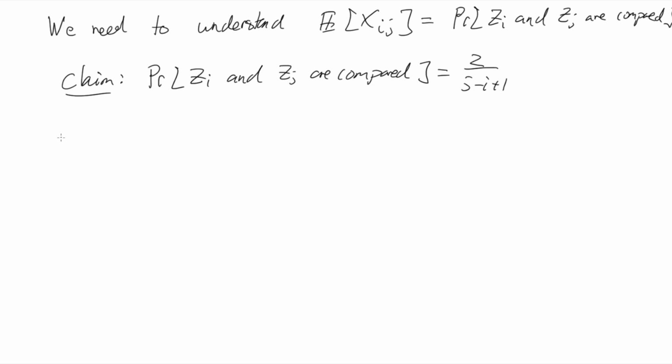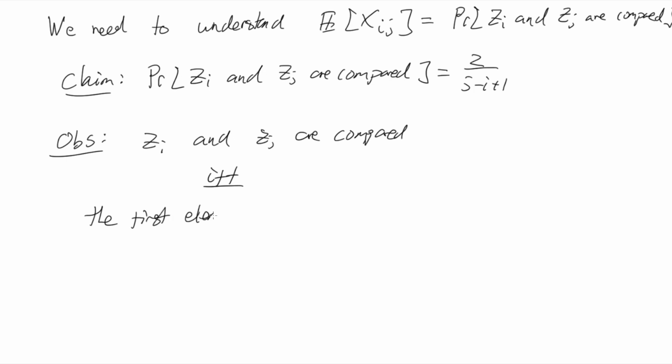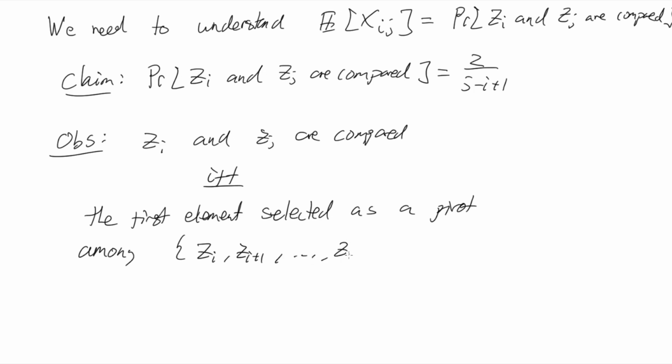And this follows from the observation that Zi and Zj are compared if and only if the first element selected as a pivot among the elements in the set Zi, Zi plus 1, up to Zj minus 1, Zj is either Zi or Zj. Okay, so what I'm saying is that Zi and Zj are compared if and only if whenever we select a pivot among the elements Zi to Zj, it is either Zi or Zj.